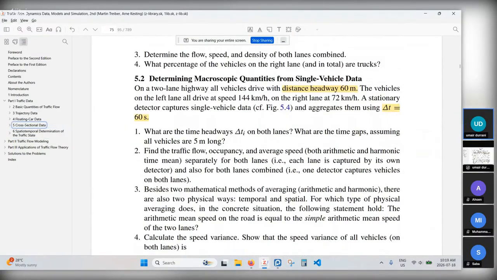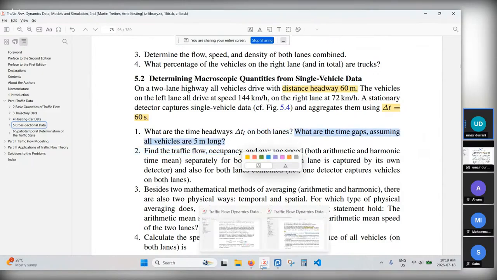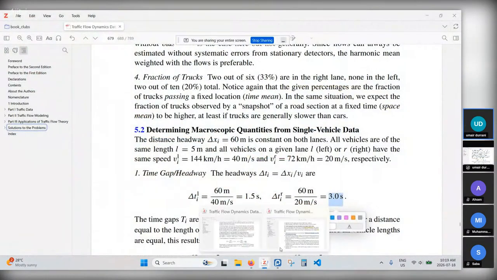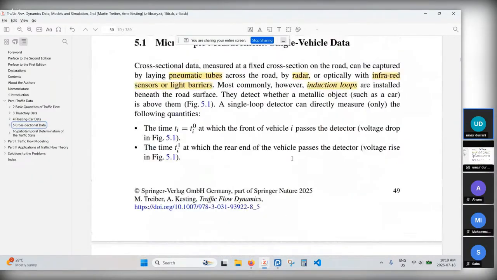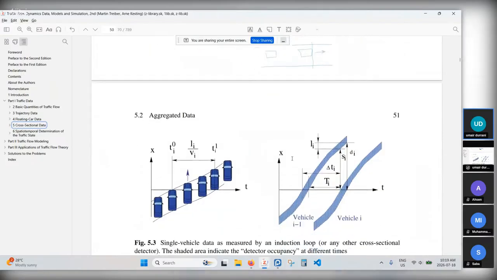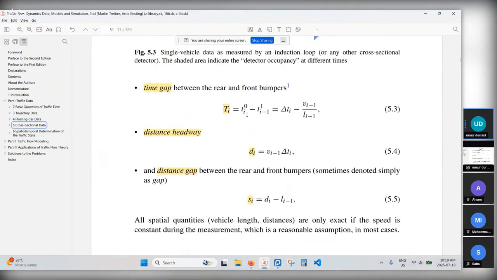So the second part of the same question is, what are the time gaps, assuming all vehicles are 5 meters long? So for time gap, we have time headways already. For time gap, we need to first look at the equation for the time gap. Time gap, capital T, is equal to delta Ti minus Vi divided by Li minus 1. So there's a mistake here.